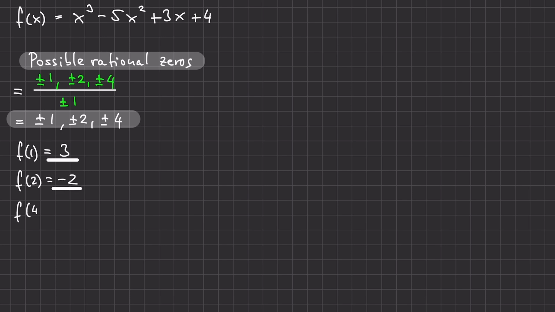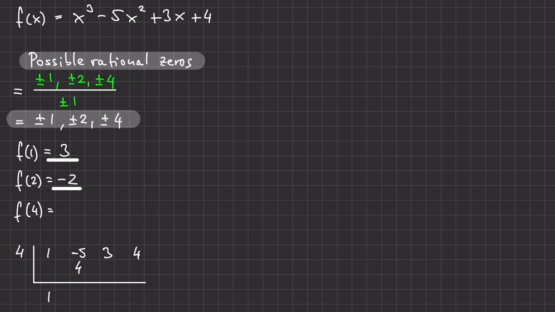Let's try 4 with synthetic division. The coefficients are 1, negative 5, 3, and 4. Bring down the 1. 1 times 4 is 4.